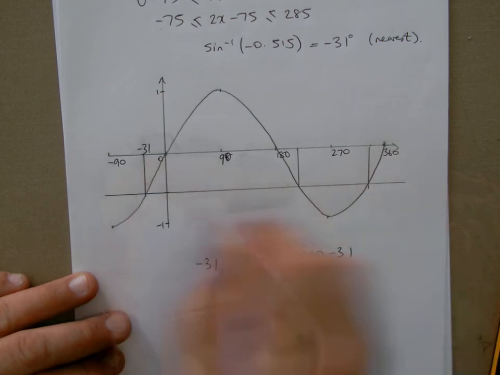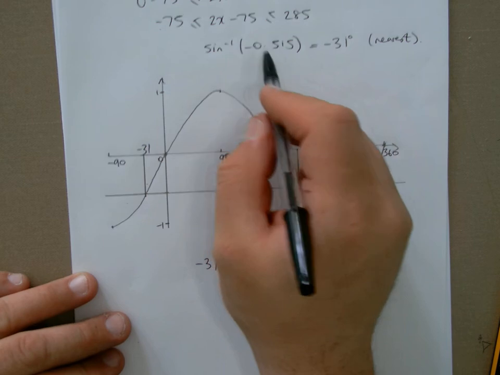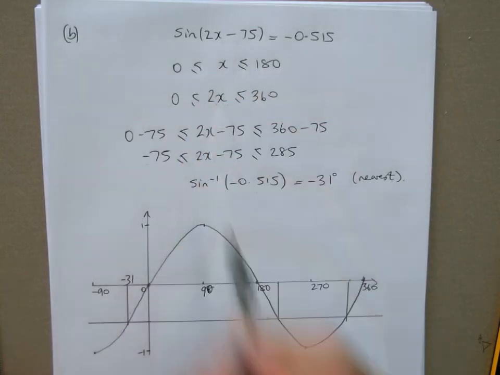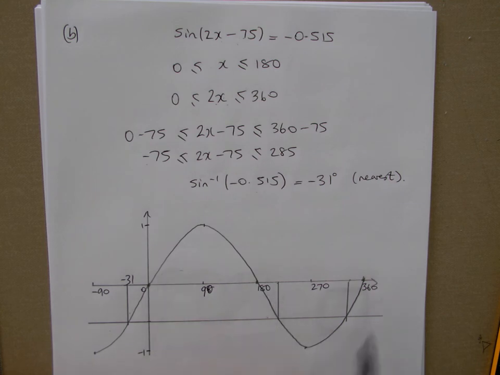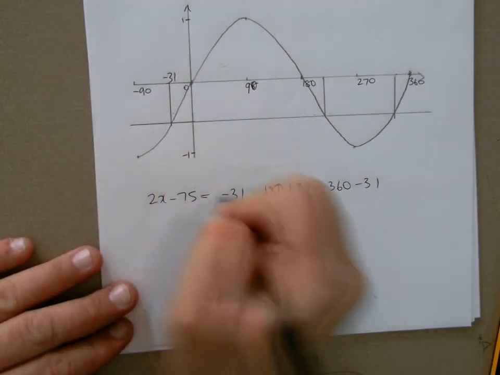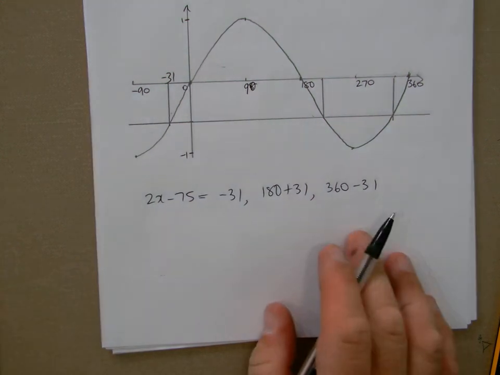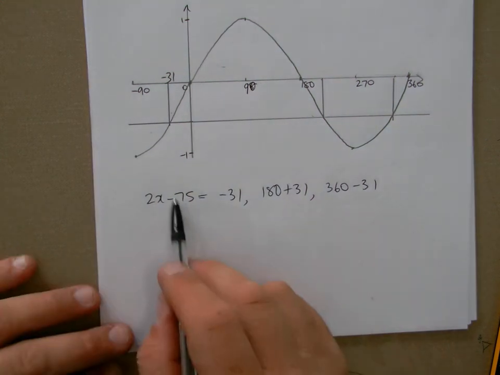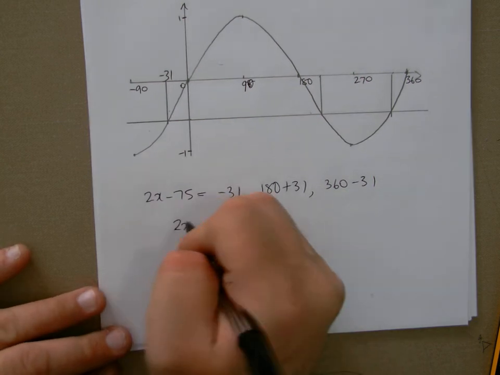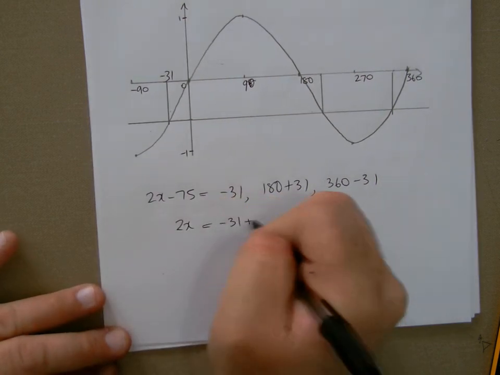Now remember, this result that we worked out here, the sine inverse of this, was basically for 2x minus 75, wasn't it? And that's what I set my range on. So 2x minus 75 is what these solutions are for. To get x, I need to adjust this. They want x, remember, so I need to take that minus 75 over and add.